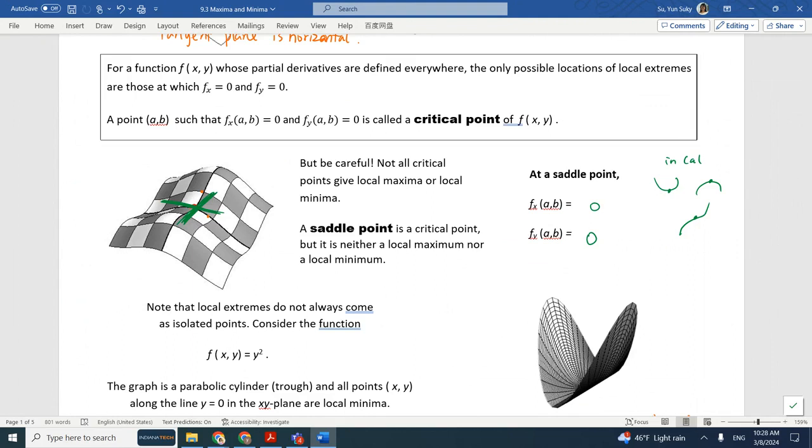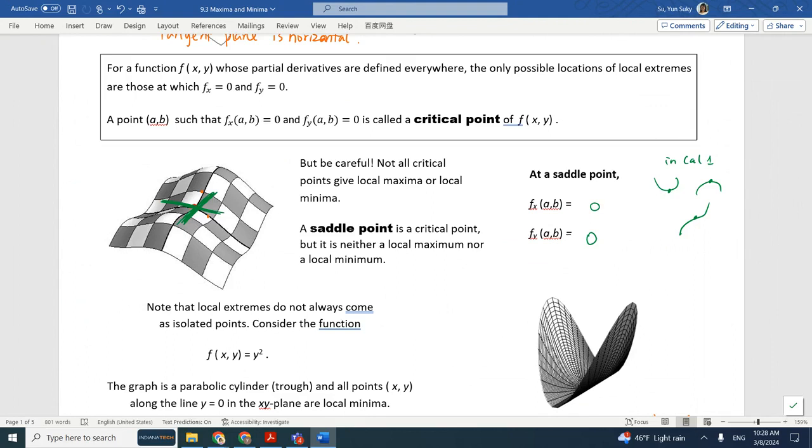In Applied Cal 1, we're talking about one dimension. Take the x cubed function: the derivative of x cubed is 3x squared, right?